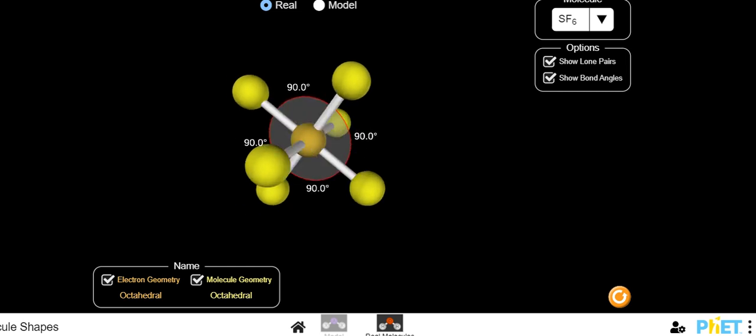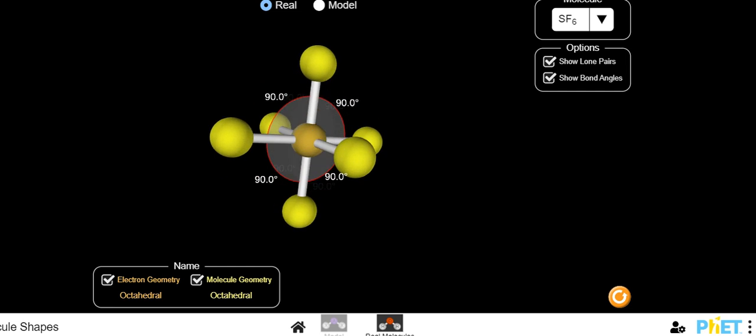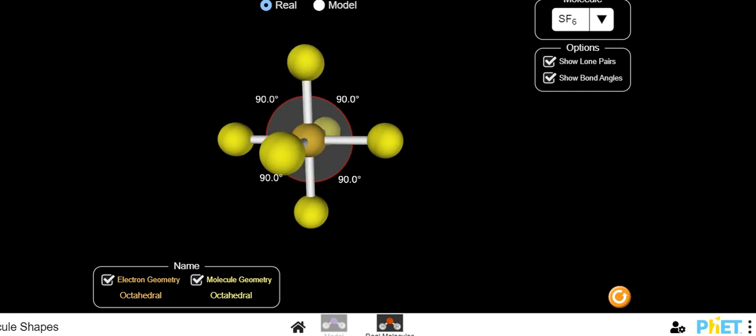But it's so symmetrical that I can draw it any which way, right? This atom here that's on the side, I can move to the top and it all looks the same. All the bond angles are 90. This shape is called octahedral. And it's called octahedral because if this was a solid, it would have 8 faces, just like an 8-sided die.